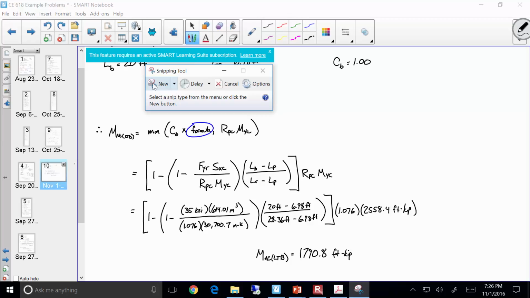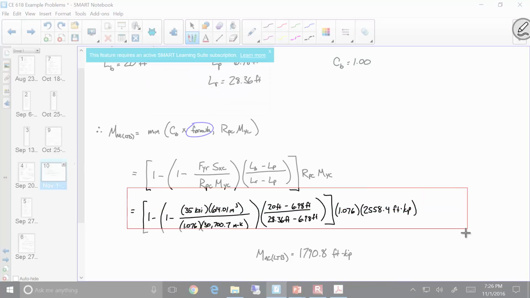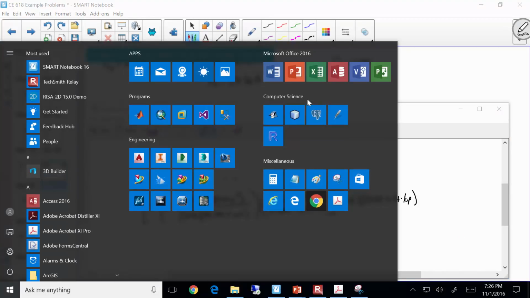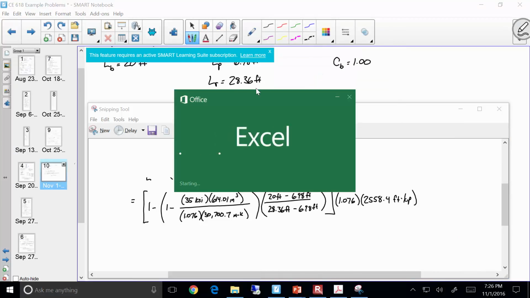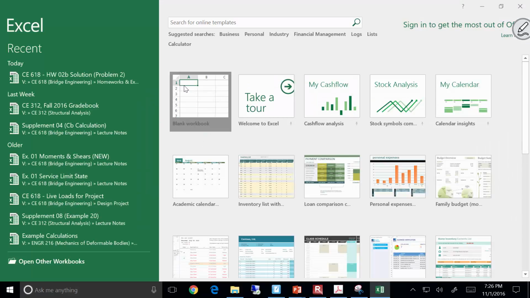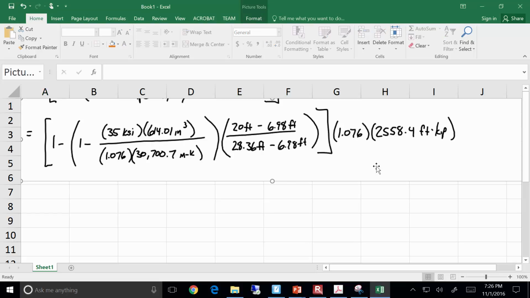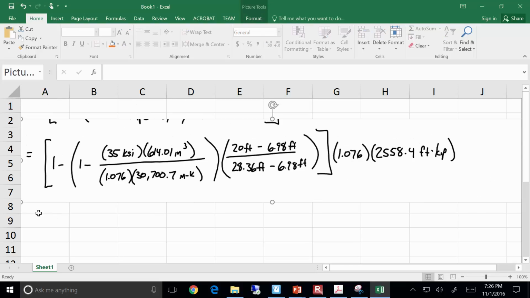I think all the values going into it are right. Let's break the Excel out and check it out. Okay, so that's the calculation we need to do, right?